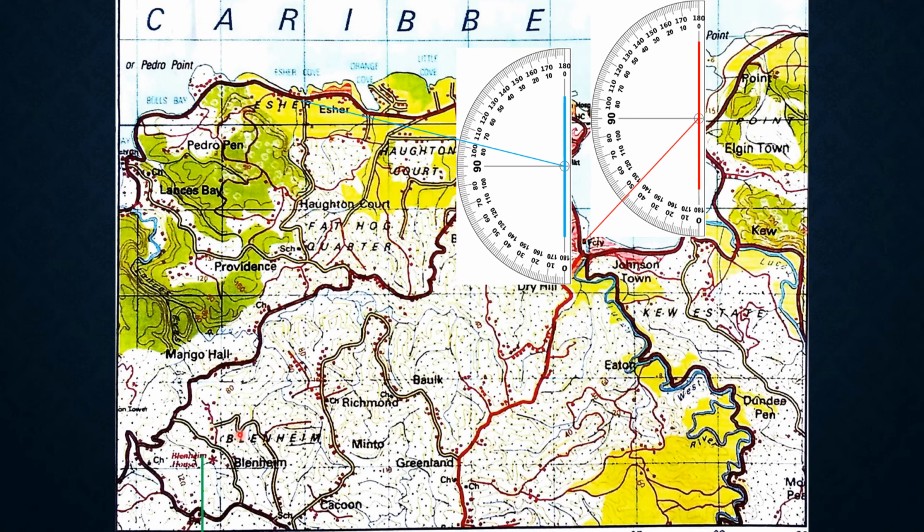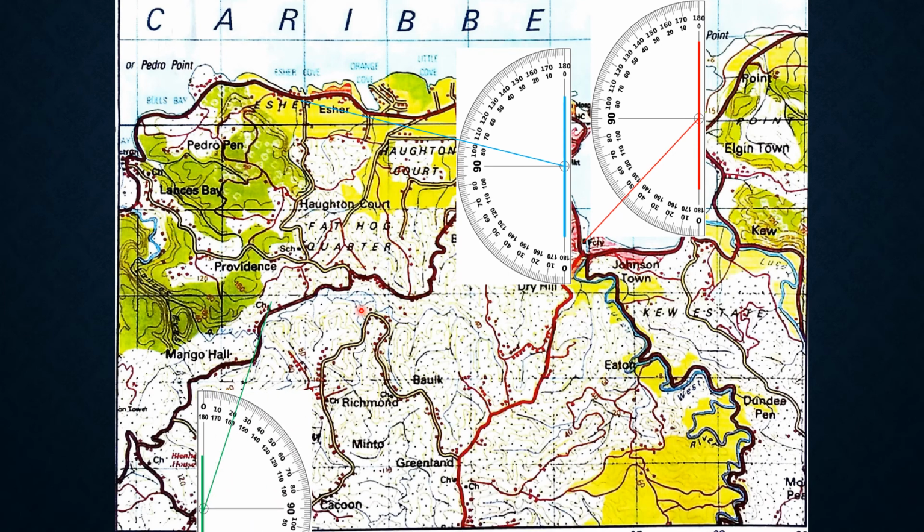And here is our church right here. So we're now going to connect them by a straight line like that. We're going to put our protractor right there. And just like that, 20 degrees. So the bearing of the church from the postal agency is 20 degrees.